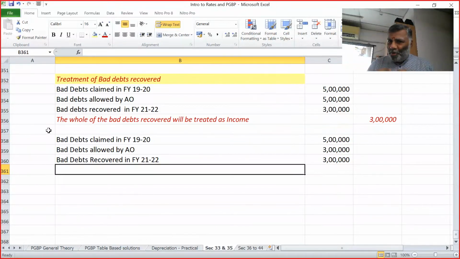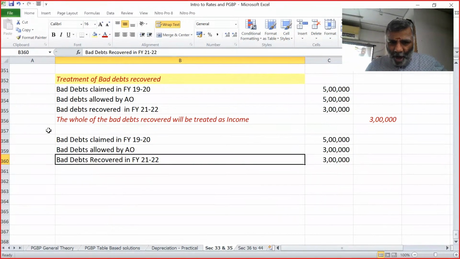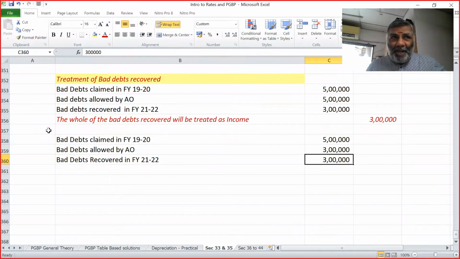The ground rule is whenever you allow, the assessing officer takes the upper hand. Whenever it is recovered, the assessee takes the upper hand. It is an assessee beneficial provision. Assessee will say, out of the 3 lakhs recovered, 2 lakhs is what you have already taxed, which you have not allowed as deduction.